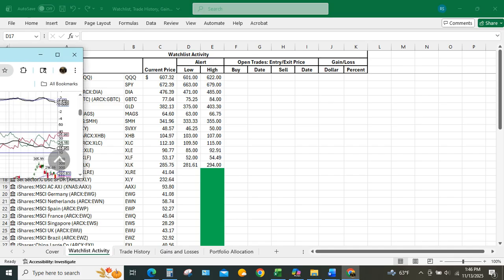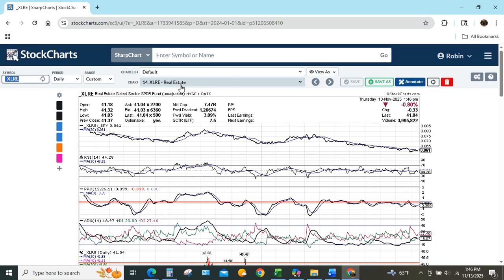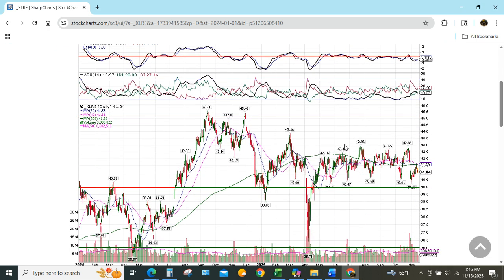But okay, XLRE is the real estate. These are not the home builders, but these are like the property managers and rental real estate, commercial real estate owners that rent out various buildings to companies.